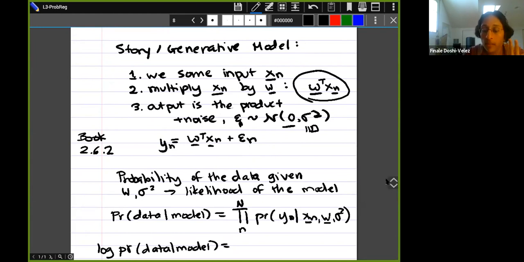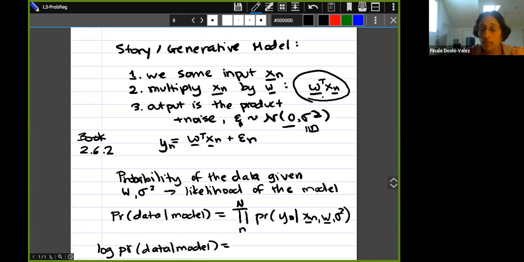And then the variance of our y is, well, the w transpose x_n part doesn't have any variance. That's just a number. X is a fixed number, w is a fixed number. Later, in a couple of classes, we'll get to a case where we might have distributions over w, but for now we don't. Those are just fixed vectors.